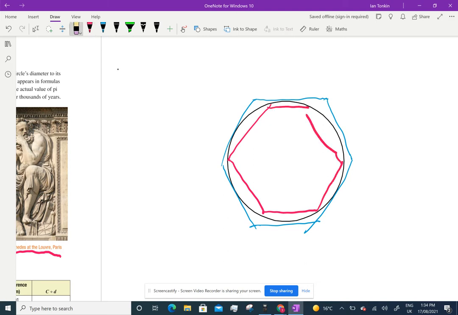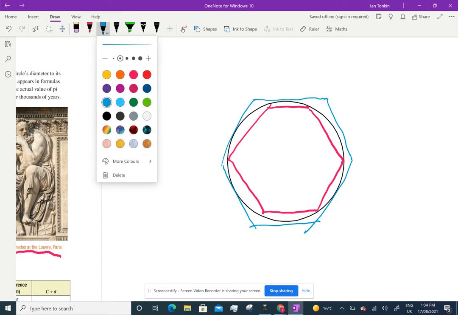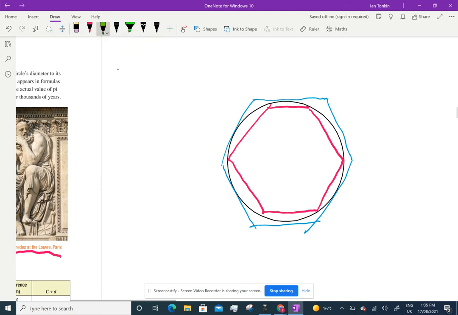But then he didn't stop there. He went even further. He said, all right, what if I drew a dodecagon inside? And if I split all these sides into two.